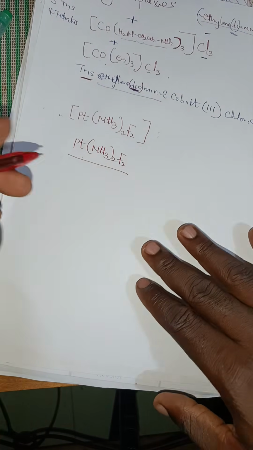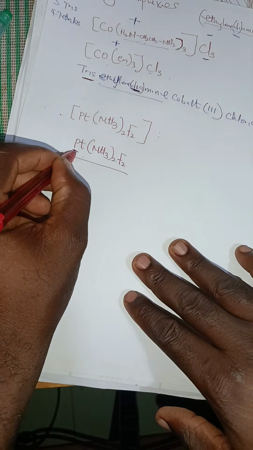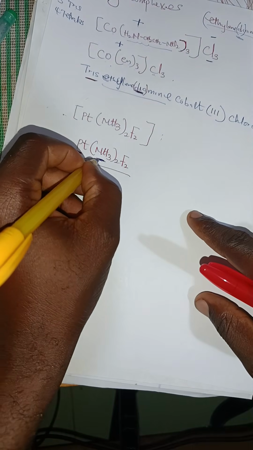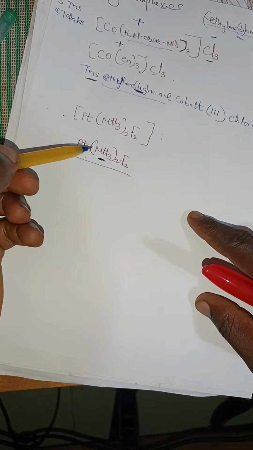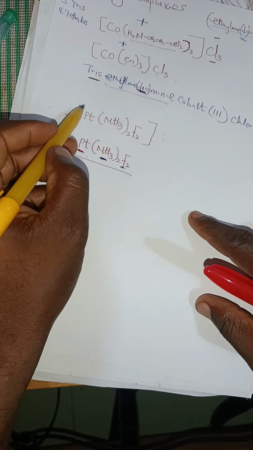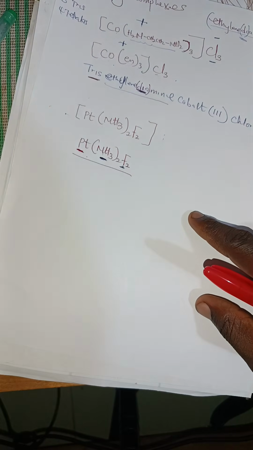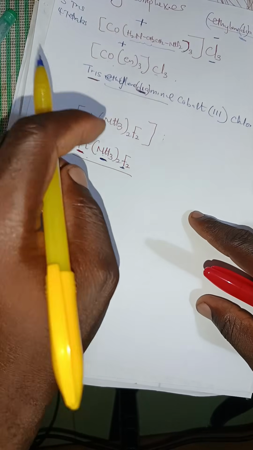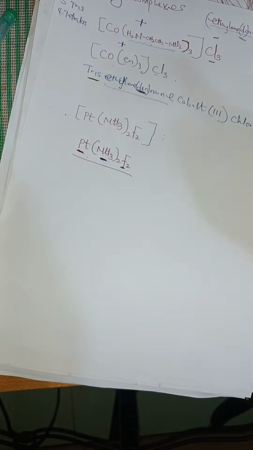This is the transition metal. This is the ligand, and this is also the ligand. So you won't see it with the square bracket. Immediately they remove the square bracket and write like this, they are indicating that it is a neutral complex.